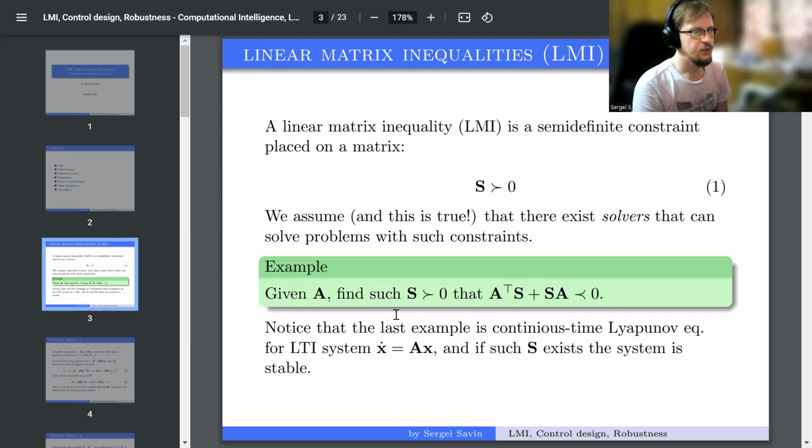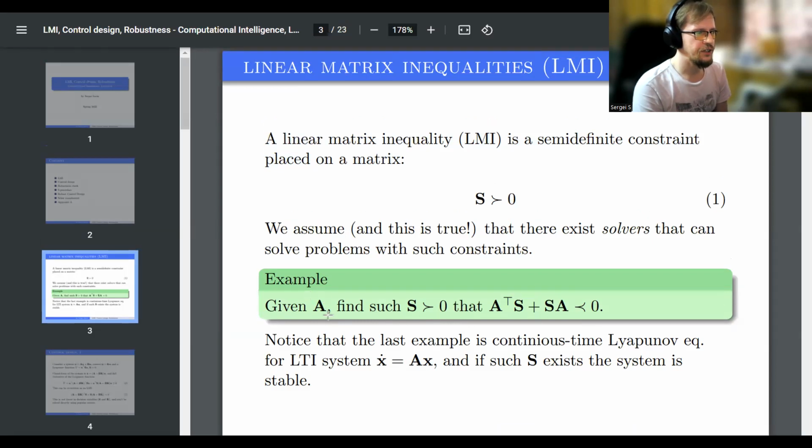The first example that we saw last lecture, when we were discussing the usefulness of this approach, was that given matrix A, if we can find a positive definite matrix S such that A transposed S plus S A is negative definite, we have proven continuous time stability for the system x dot equals A x. So this approach allows us to solve for stability equations. That is what we saw last time. Nice, easy.